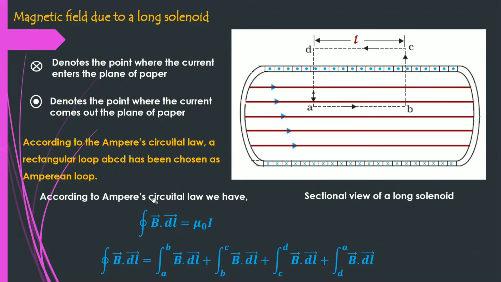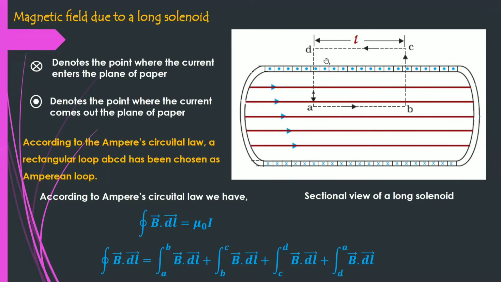Applying Ampere's circuital law, we can write the integral of B dot dl as from A to B, B dot dl, plus B to C, B dot dl, plus C to D, B dot dl, plus D to A, B dot dl. So the closed loop integral is the summation of these four integrals, from A to B, B to C, C to D, and D to A.